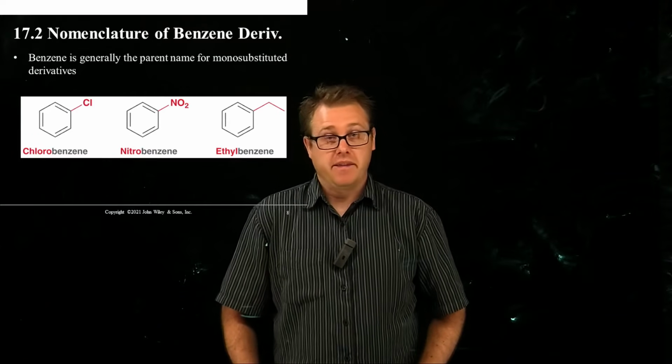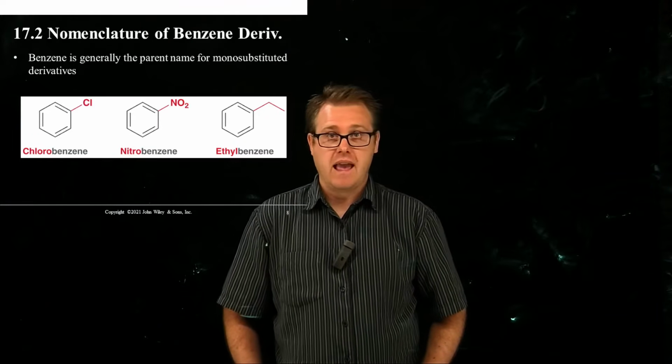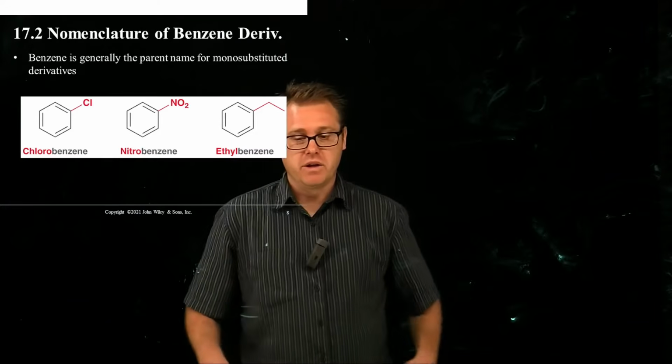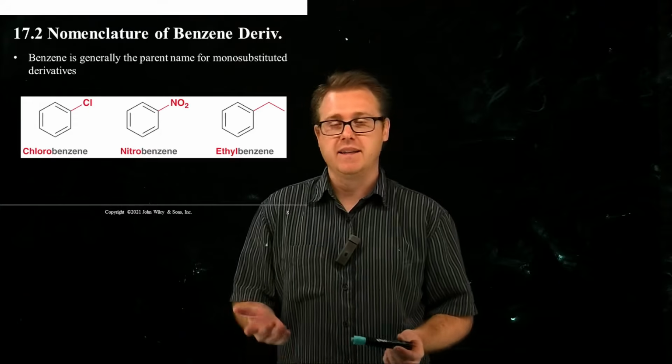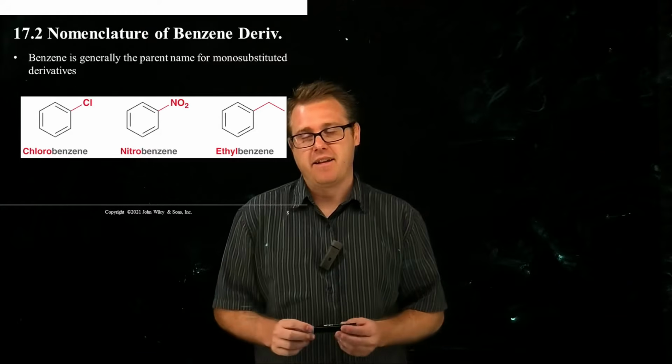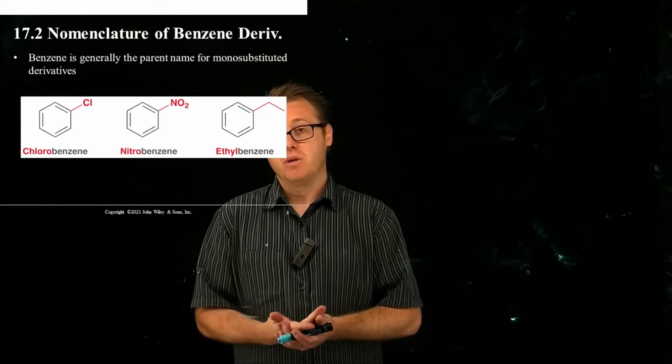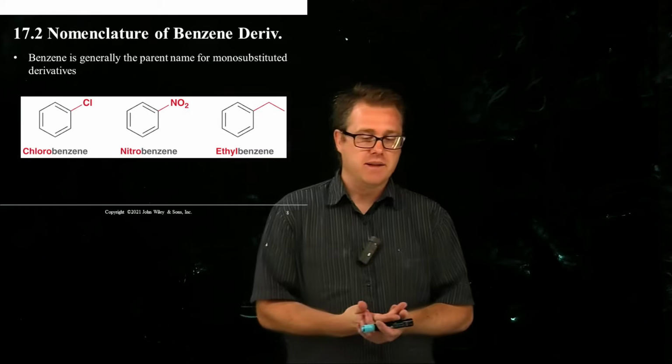You just find the substituent and name it. So when you look at chlorobenzene, what do you see? You see a chlorine attached to the benzene. And chlorines, we know, use the term chloro. So you name it chlorobenzene.